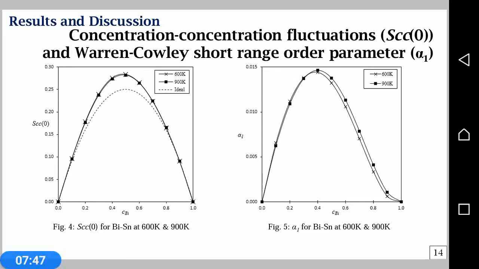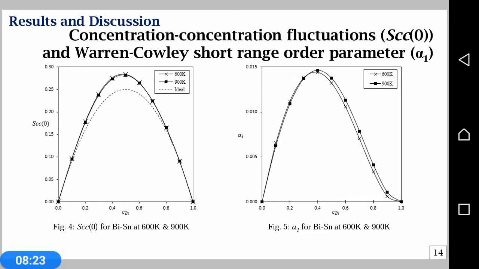Also, alpha 1 for bismuth tin at 600 Kelvin and 900 Kelvin, which is plotted in figure 5, is greater than 1 in the entire composition range. This agrees with the information obtained from SEC0 through figure 4. The alpha 1 peaks at about 40% bismuth composition with a value of about plus 0.015.